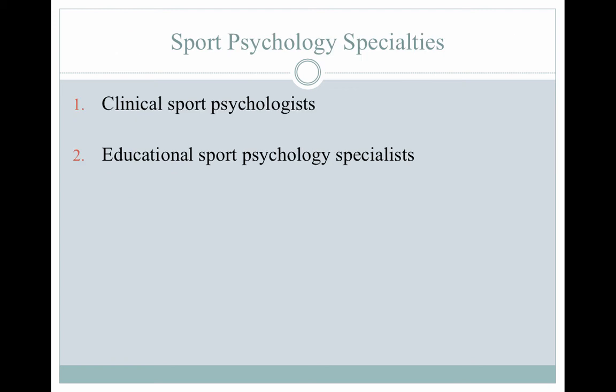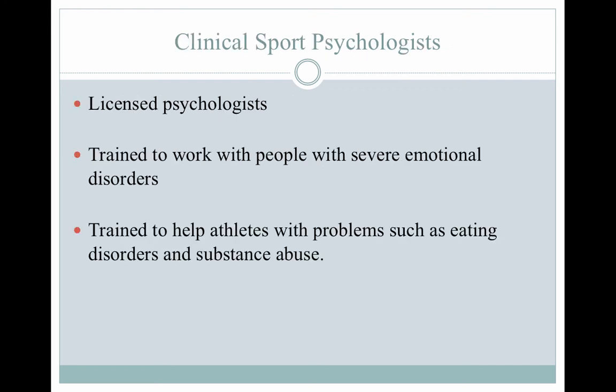Now there are generally two sport psychology specialties: clinical sports psychologists, and educational sports psychologists or specialists. The clinical sports psychologists are trained in psychology. They are psychologists. They generally have to go through licensure.